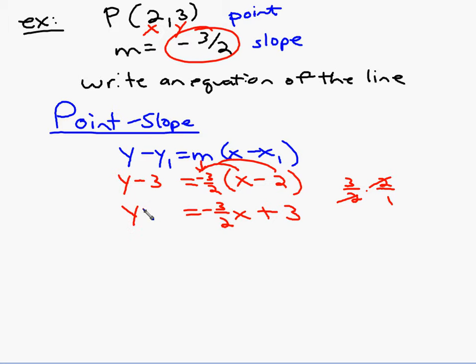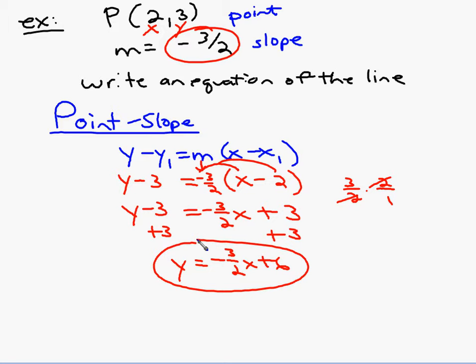And here I have y minus 3. Then if I wanted to finish solving it, I would add 3 to both sides, and I have y equals -3/2 x plus 6. There is a nice, pretty equation of the line in slope-intercept form. You should be able to do that in your sleep by now.